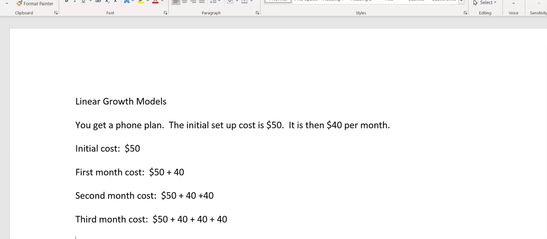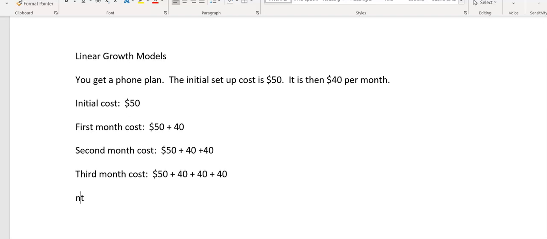Okay, so let's just suppose that we're going on indefinitely with this idea. So let's get the nth month, no matter what the month is. The first month, we took the initial $50 and we added $40 times 1. The second month, we took the original $50 and we added $40 times 2.